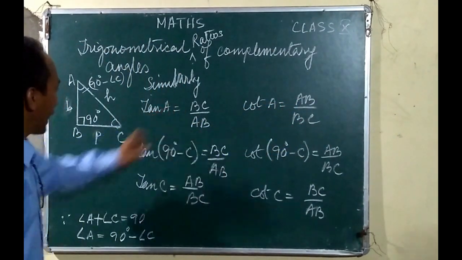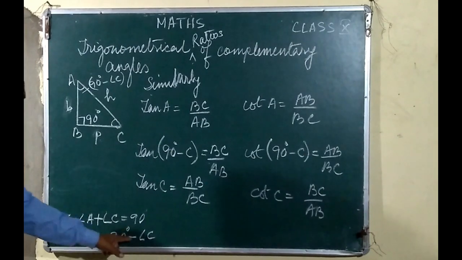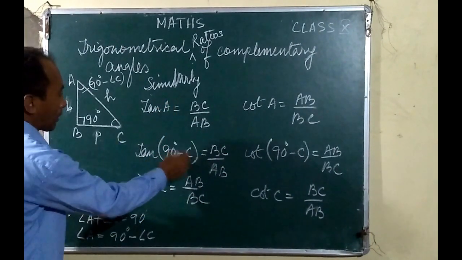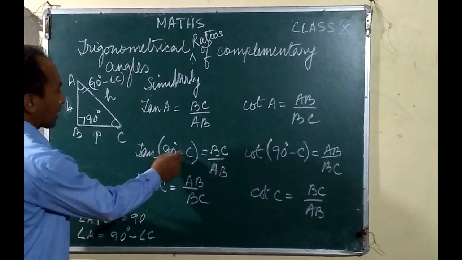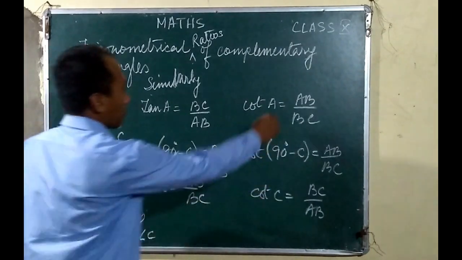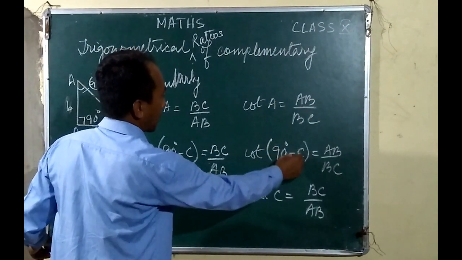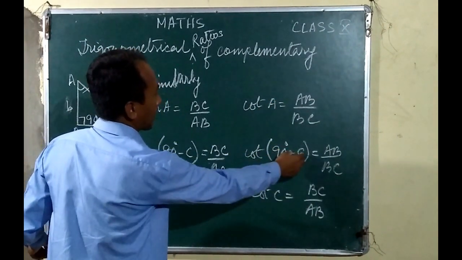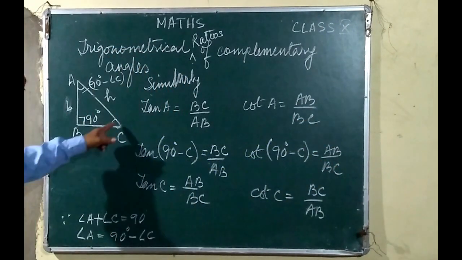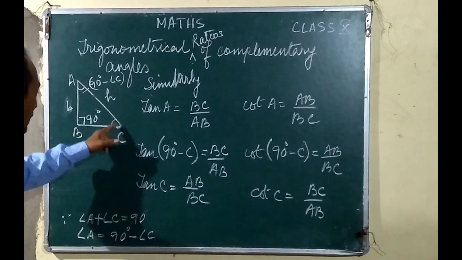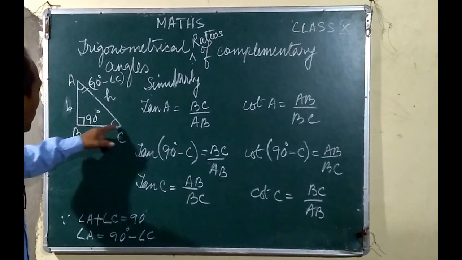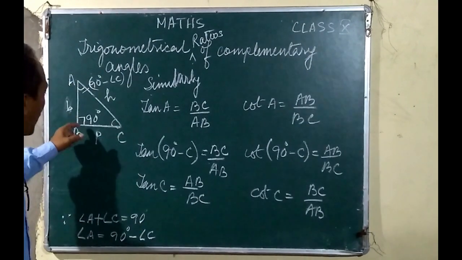Now in place of A, we put 90 degrees minus C, the value of A. So tan(90 degrees minus C) is BC by AB, and cot(90 degrees minus C) is AB by BC. But now, if we measure the acute angle C, tan C has AB as perpendicular and BC as base, so tan C is AB by BC.